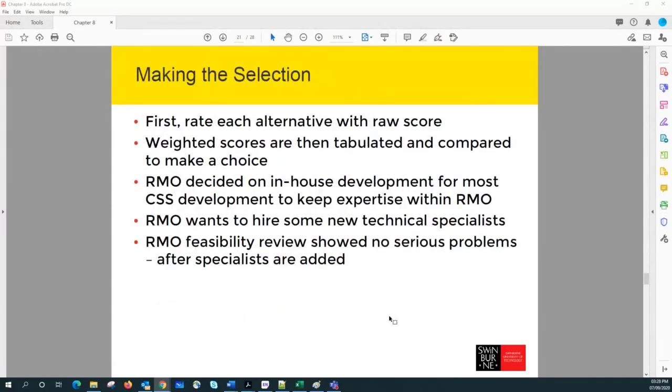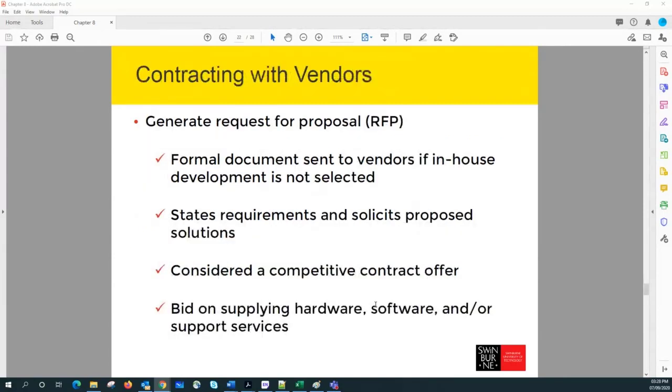If you decide to go ahead with third party software rather than developing it in-house, what is the next step? The next step is we can solicit the vendors and ask them to please provide us some quotations. How are we going to request the quotation from the vendors? We can prepare a request for proposal document and send it to different vendors.